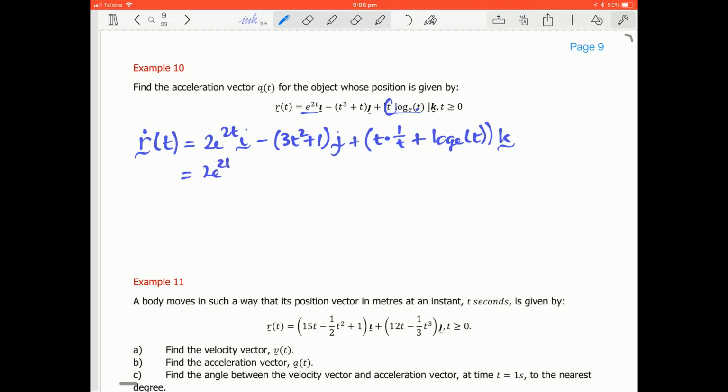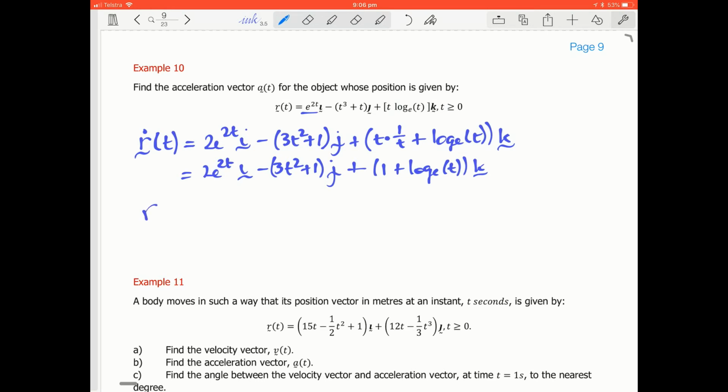Okay, so let's clean it up a little bit. 2e to the 2t i minus 3t squared plus 1 j plus t times 1 on t is 1 plus log e of t k. So that is my velocity at any time.